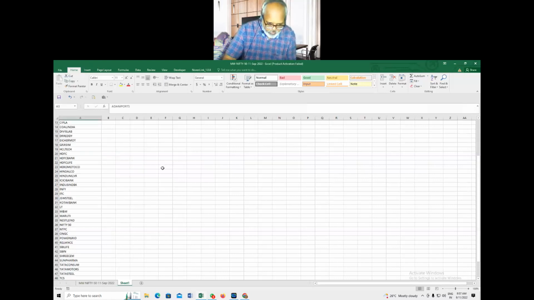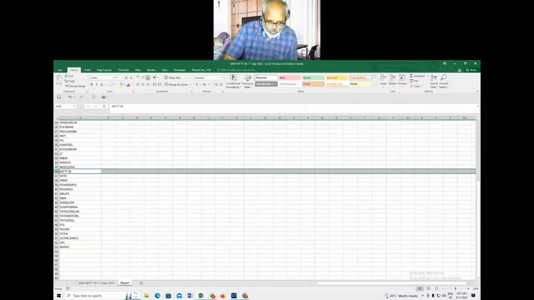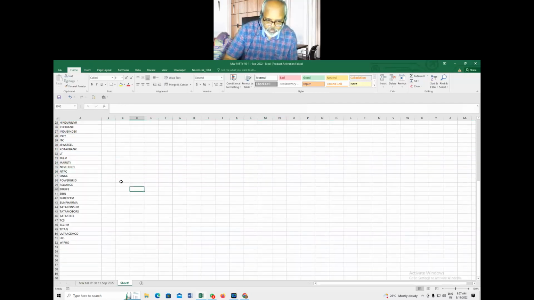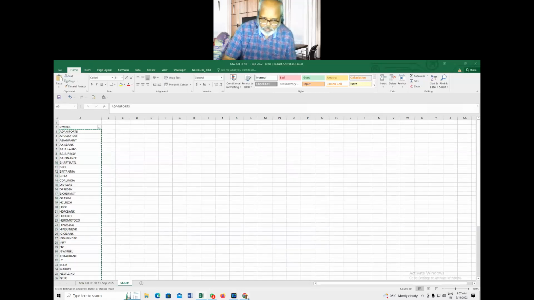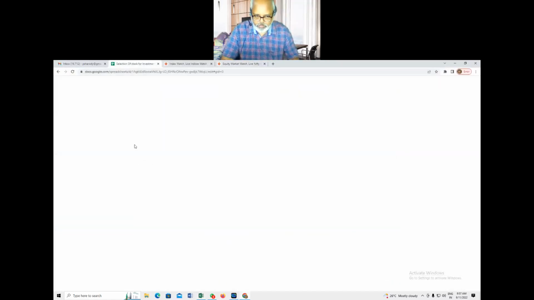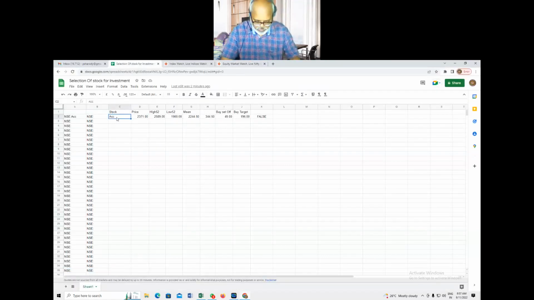Now I don't need the Nifty 50 heading here, so I will remove it and add all the stocks from this list in alphabetic order. This will help us make a stock selection in an alphabetic manner.